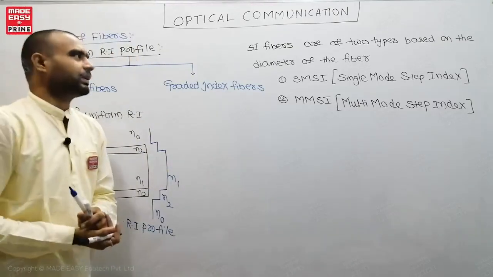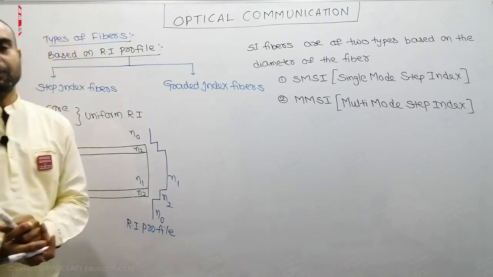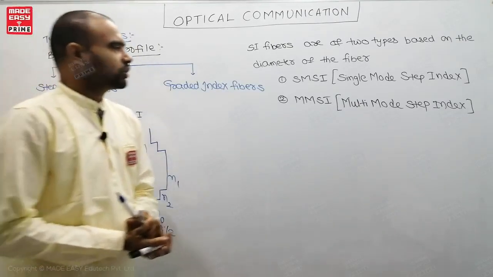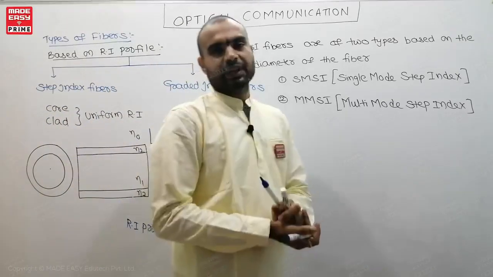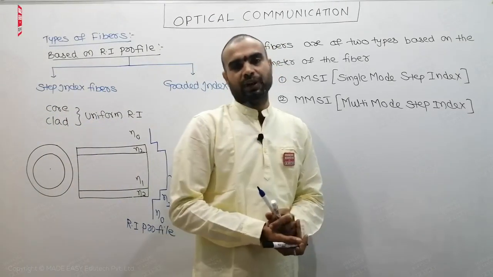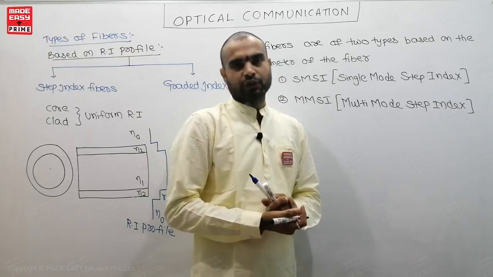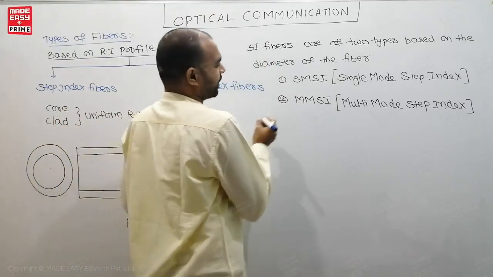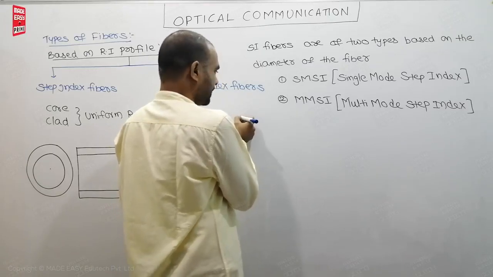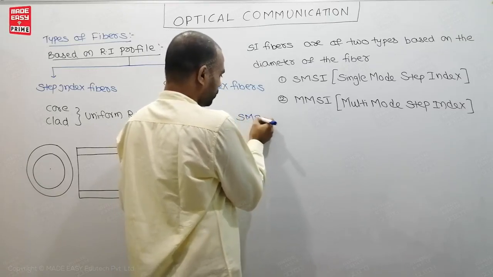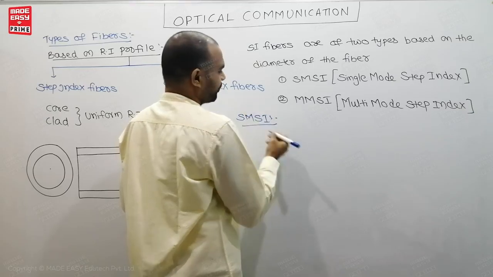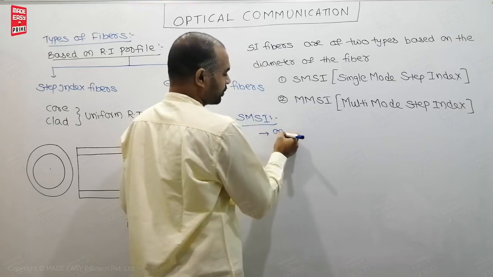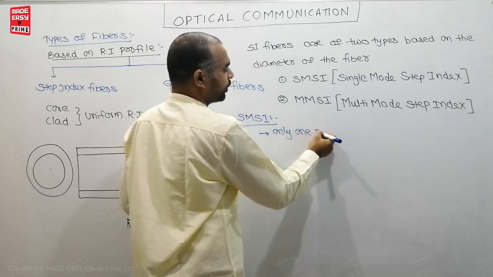In the single mode step index fiber, the diameter of the fiber is very, very small. In the multi-mode step index fiber, many modes are present and the diameter of the fiber is very large. First, I want to tell you about SMSI, the single mode step index fiber. First point: only one mode is present.